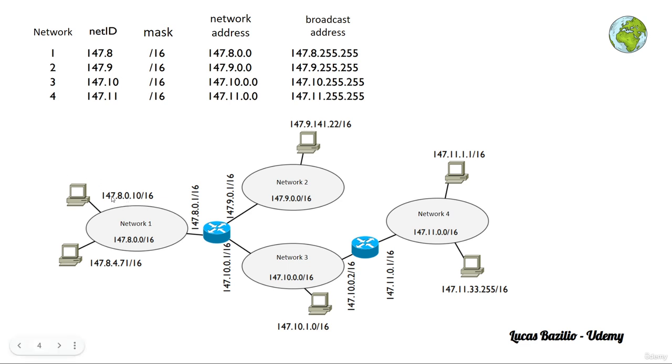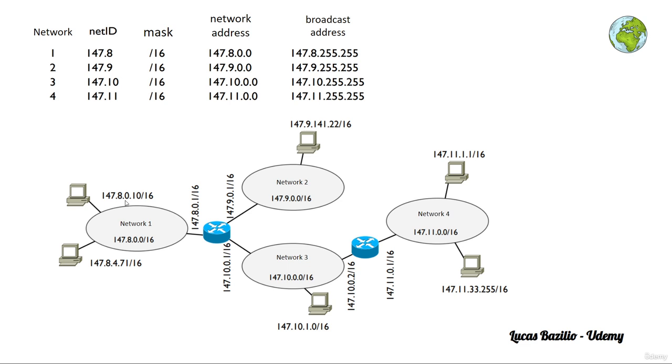The only thing that this interface for this PC, this interface for this PC, and this interface for the router must satisfy, remember, the router also needs an IP address for its interface, is that since all these three interfaces belong to the same network 1, they must start with this prefix, 847.8.